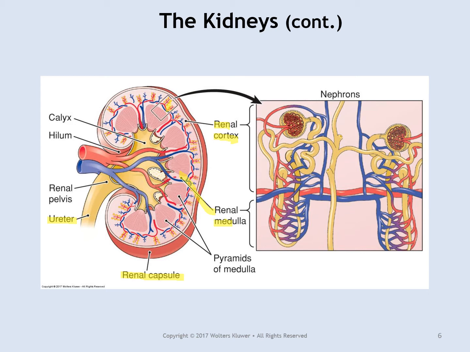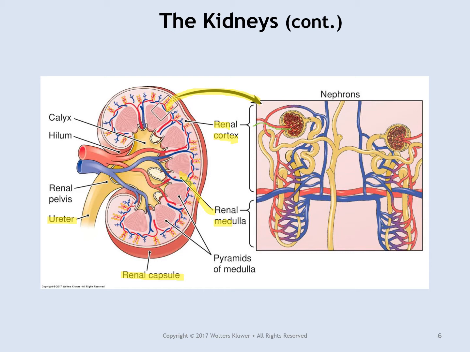Here we have a cutout and a blow up of the working units of the kidneys, extending through the medulla and cortex. They are the nephrons. You can see blood coming into each nephron. Let's pick a different color. How about green? Into each nephron.